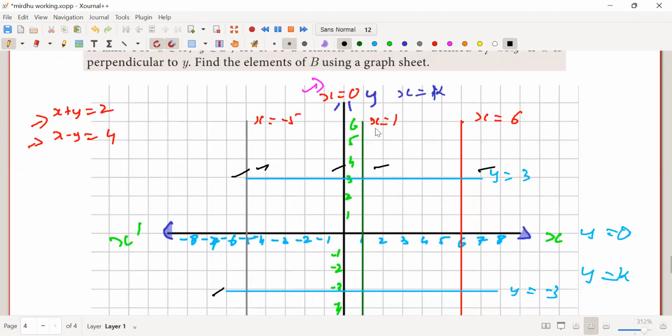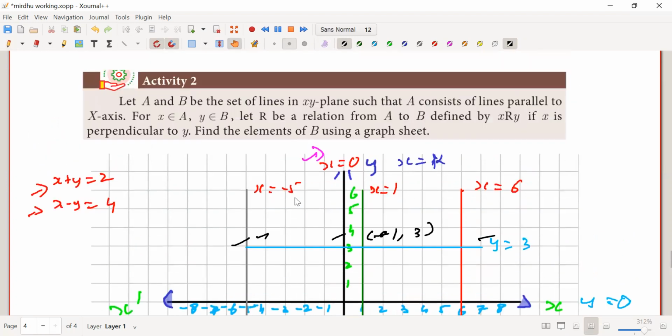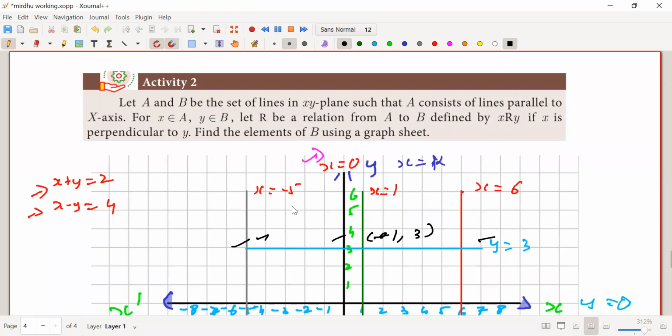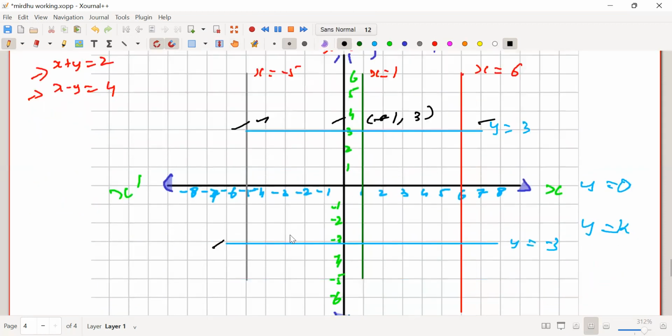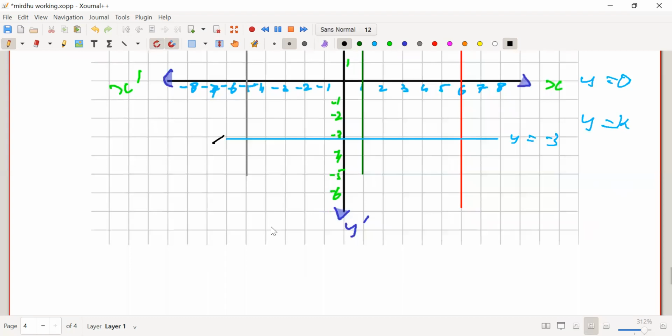If we consider x equal to 1 and y equal to 3, the relation is (1, 3). X equal to 1 is related with y equal to 3. So this is the graph they are asking you to draw. Got it? So check it.